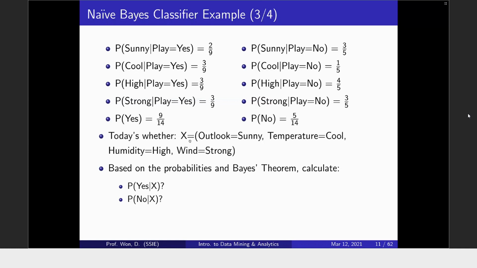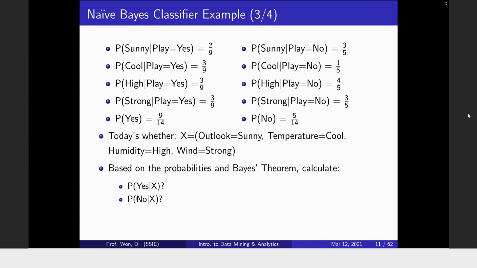For example, outlook is sunny, temperature is cool, humidity is high, wind is strong. Considering my previous patterns, if I have this new weather data, will I go outside or not? So now X is given, what is the probability you are going outside, or what is the probability you are staying inside, right?